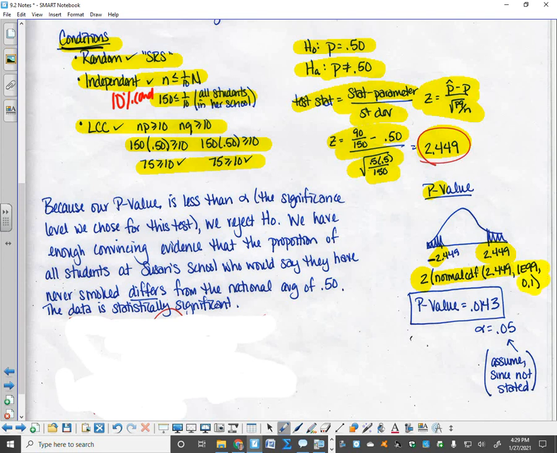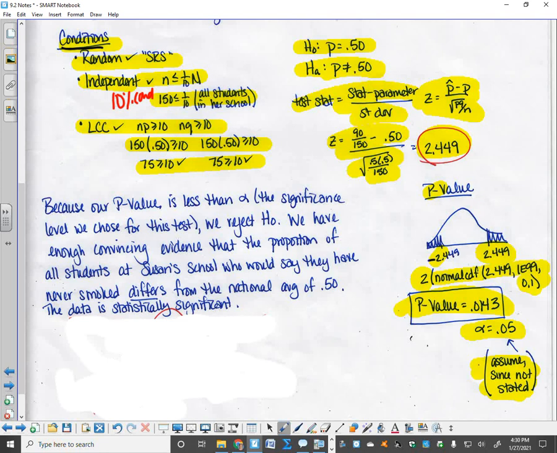So my p-value is 0.0143. Again, I went 4 decimal places. I'm stating my alpha as 0.05. I'm assuming that it was not stated in the problem, so I'm stating that my alpha is 0.05. It would have been better if I had stated that way up at the top, probably under my null and my alternate, so that it doesn't appear that I chose my alpha after I did the problem.